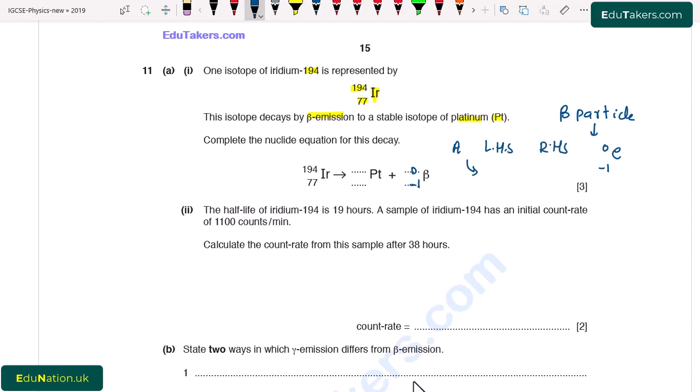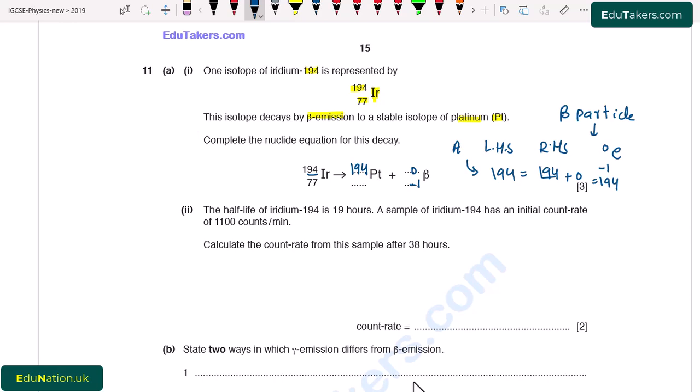First of all, I check the mass number. Here it is 194. It should be equal to 0 plus whatever I add here so that the answer comes to be 194. So it will be 194 plus 0 which is equal to 194. It means that the mass number remains the same and it is equal to 194. Second, we also have to enter the value of the atomic number.